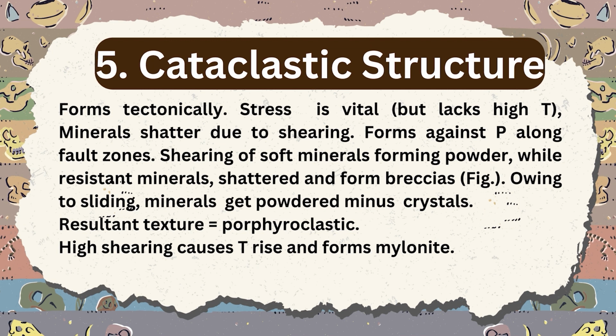Shearing of soft minerals forms powder, while resistant minerals shatter and form breccias. Owing to sliding, minerals get powdered, minus crystals, and the resultant texture is porphyroclastic texture. High shearing causes high temperature rise and forms mylonite.